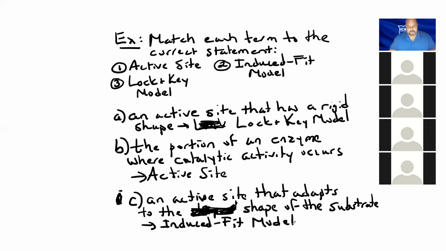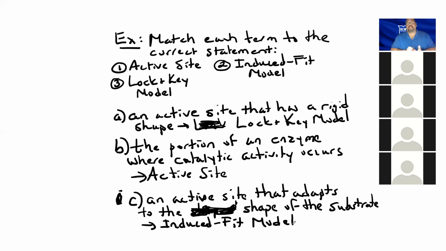So essentially, in the induced fit model of enzyme substrate binding, there's sort of an interaction between the substrate and the active site on the enzyme, where the active site can adjust its shape slightly to better fit that of the substrate.